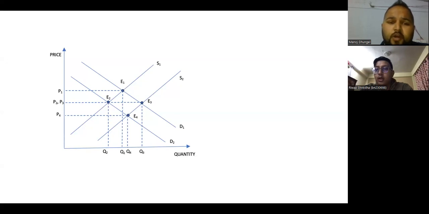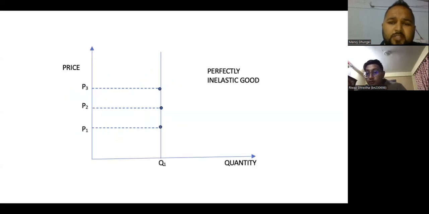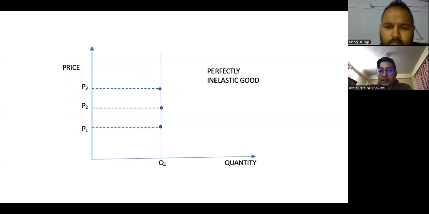Okay, let's talk about inelasticity. Moving on to the inelasticity of cigarettes, your statement that you made just now about cigarette prices not affecting the quantity demanded, I completely agree with, as cigarettes are a perfectly inelastic good. It's not like a normal good where, when the price increases, the quantity demanded decreases. As we can see in the figure, regardless of the price increase at P1, P2, and P3, the quantity demanded is at Q1.